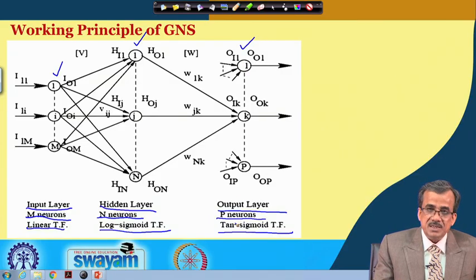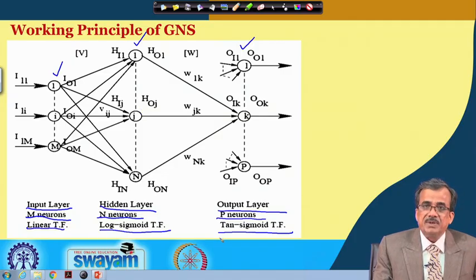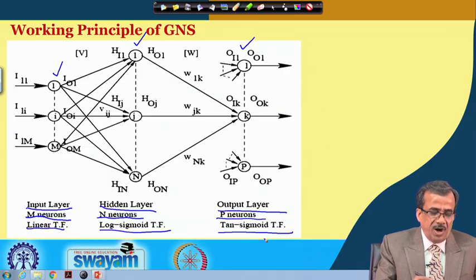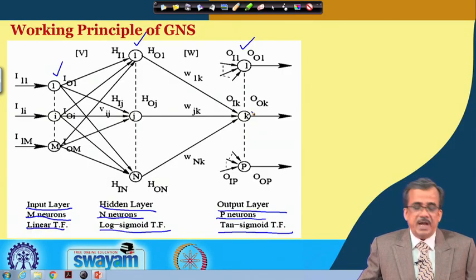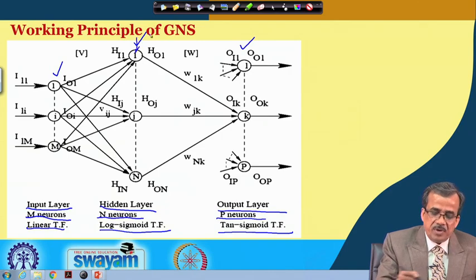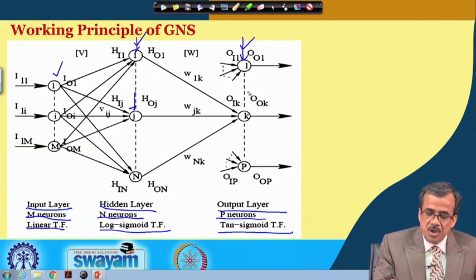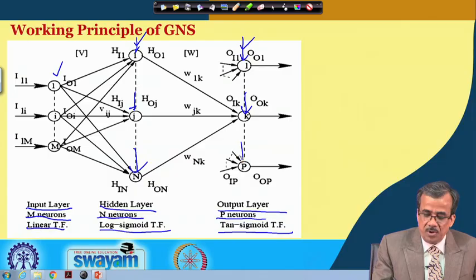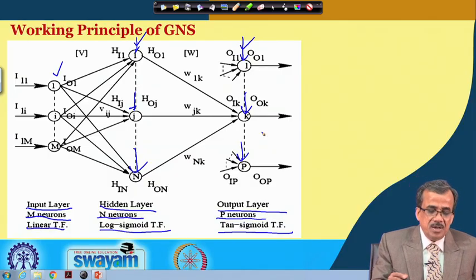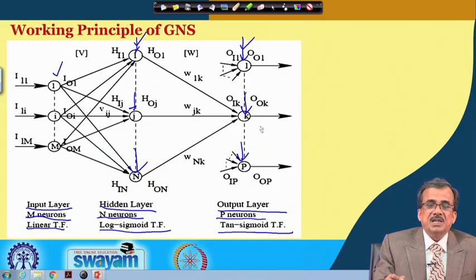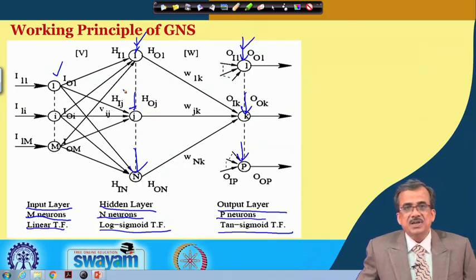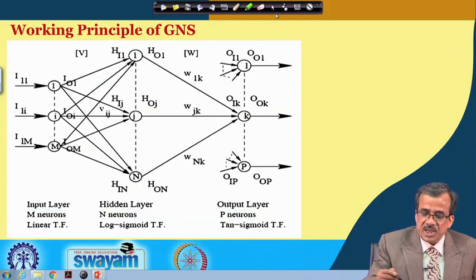We will have to optimize the coefficient of the log sigmoid transfer function and the coefficient of the tan sigmoid transfer function, and for simplicity I did not consider any bias value here. If I consider the bias values, those will also have to be optimized. The working principle of this multi-layered feed forward network I have already discussed in detail, so I am not going for that once again.